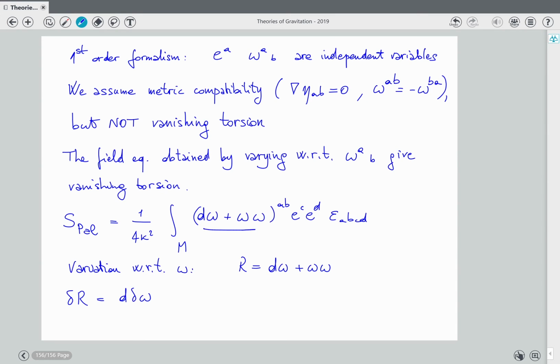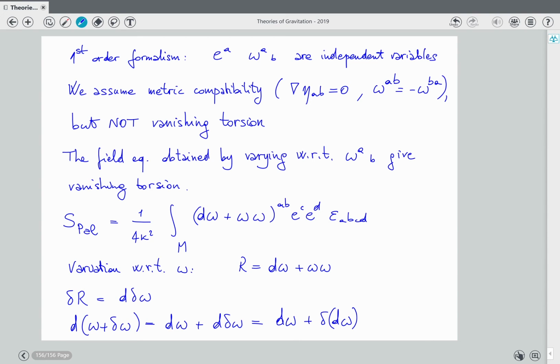There is no covariant derivative here. The exterior derivative of this is, of course, that, and so you can interpret this thing as the variation of d omega. And then you perform the variation.